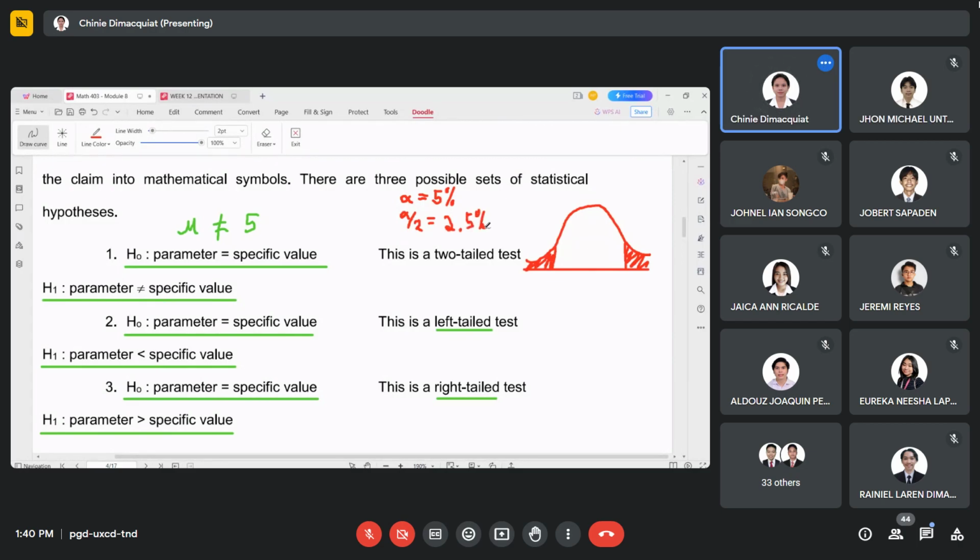Therefore this shaded part is 2.5% and the shaded part on the other side is 2.5%.